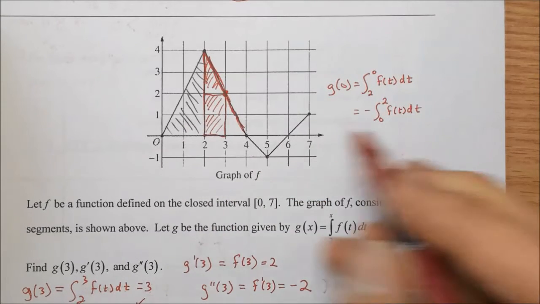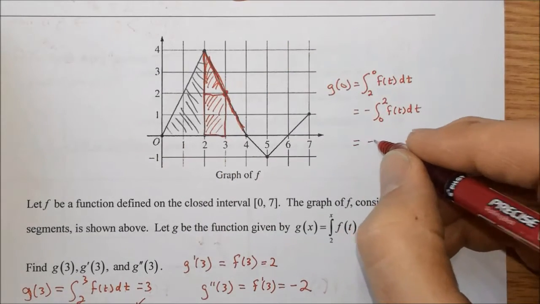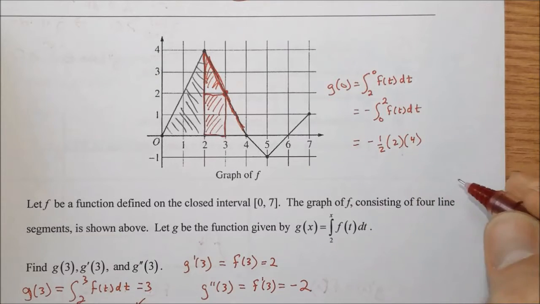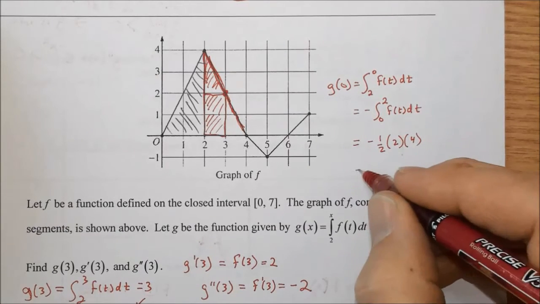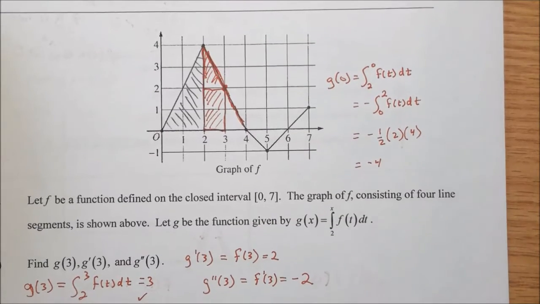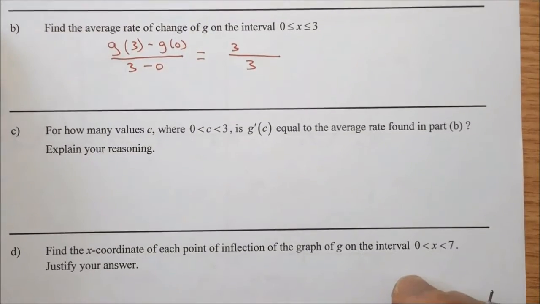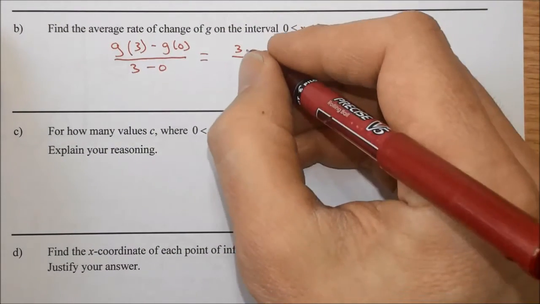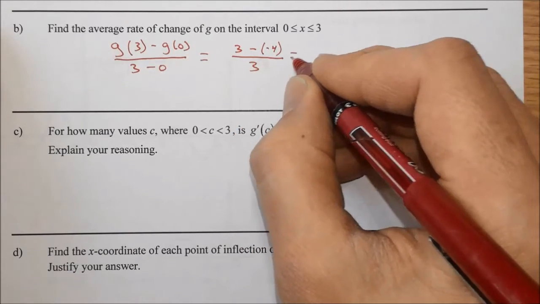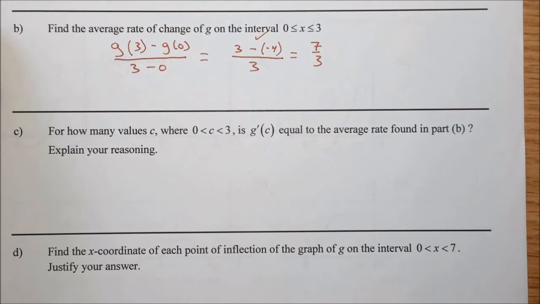That's a triangle, base of 2, height of 4, so we have negative 1/2, 2 times 4, which is 8, negative half of that, it's negative 4. So g of 0 is equal to negative 4. Heading back over here, we are subtracting g of 0, which is negative 4. Which means our final answer is 7/3. But again, you could have stopped right there.